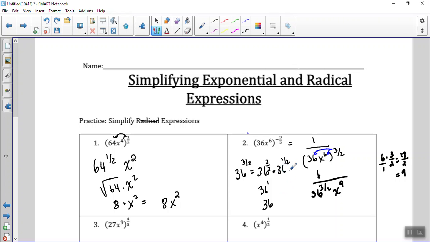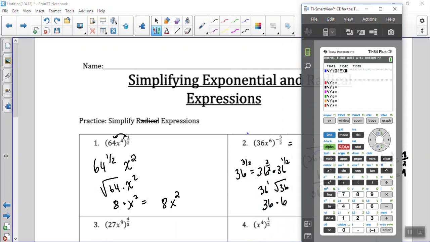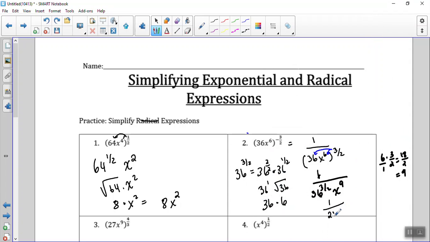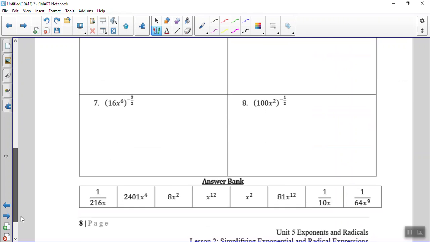And then 36 to the 1/2 is the same thing as the square root of 36, which is equal to 6. So you have here 1 over all of this, which is 36 times 6. 36 times 6 is 216. So 216x to the 9th power. That's my answer.